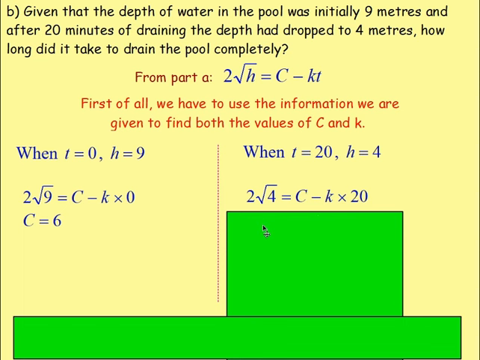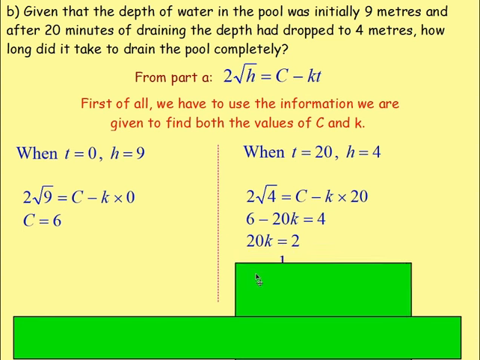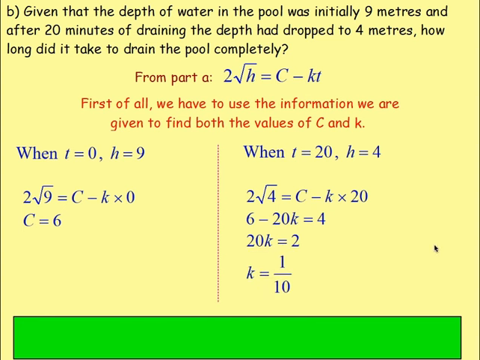We know c is 6, so we'd have 6 take away 20k equals 2 times the square root of 4. Square root of 4 is 2, 2 times 2 gives you 4. So it's 6 take away 20k would equal 4. Therefore, 20k must be 2, and k would equal 1/10.